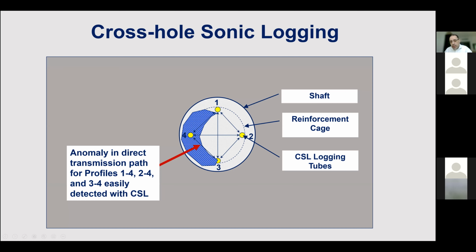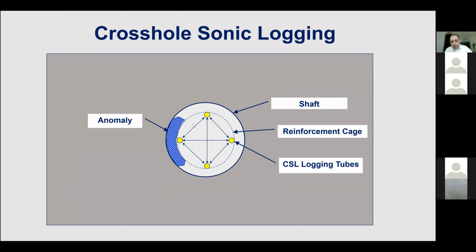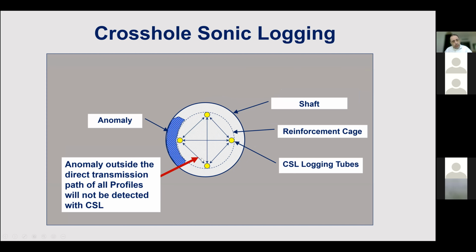Now imagine another scenario in which the anomaly lies outside the reinforcement cage. You do your test, you do the transmission, but the anomaly lies outside the path of any of the cross sections you're going to test. So it's not going to be easily detected, or may not be detected at all by the CSL method.